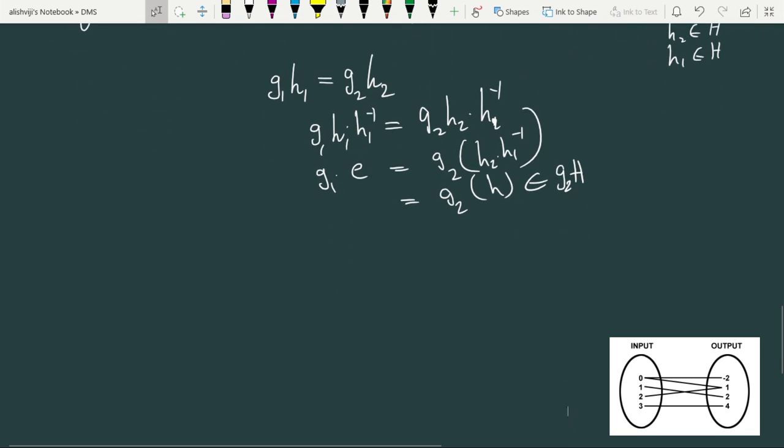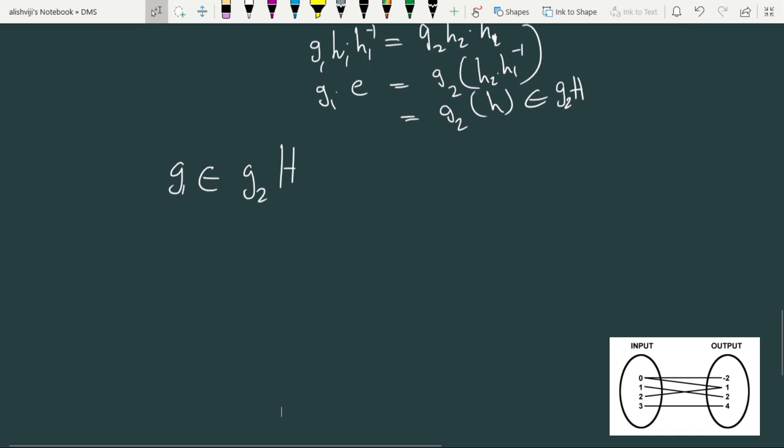So what we obtained here is G1 into E is equal to G2 H2 H1 inverse, which belongs to the left coset G2H. So if there is an element such that G1H1 is equal to G2H2, then G1 belongs to G2H. Now let's consider the two cosets G1H and G2H, and take an arbitrary element from G1H.